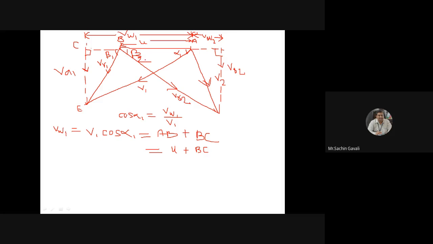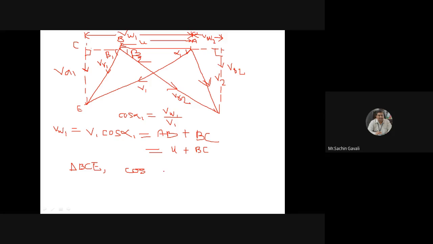Okay, now this BC is equal to what? In this triangle BEC, consider that it is a right angle triangle BCE. For BEC, what happened?